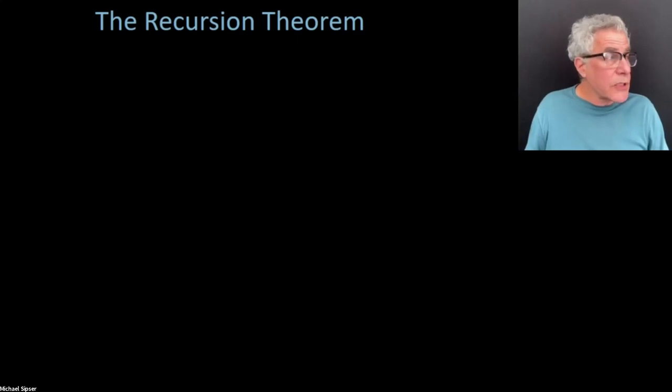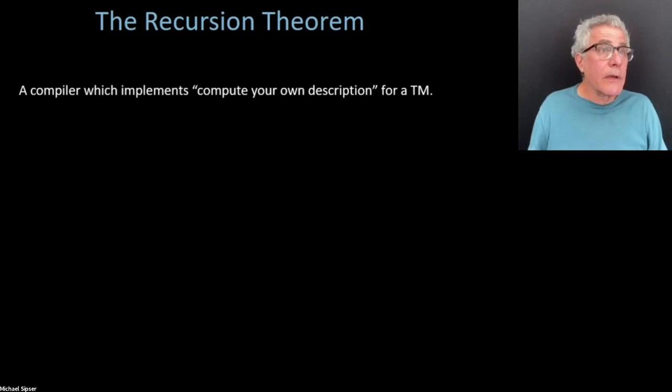But the recursion theorem says not only can you make a machine which prints out a copy of itself, but you can make a machine which can obtain a copy of itself and then do some computation on its own description, which turns out to be a useful thing to do. Once you have access to your own description, as we'll see from some examples, you can do some interesting things with that.